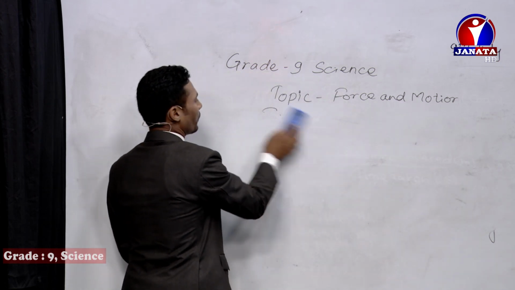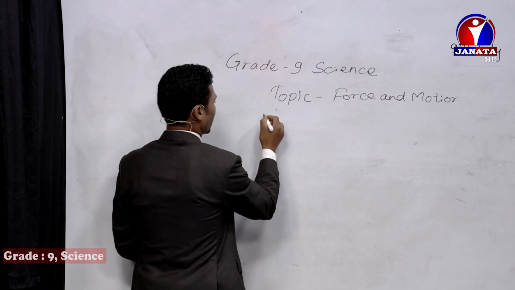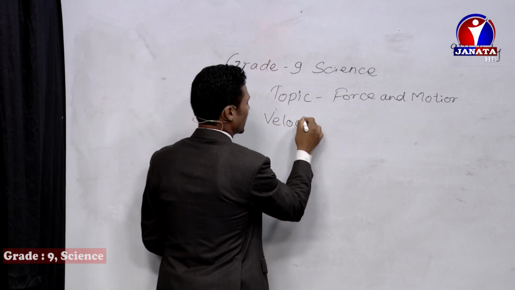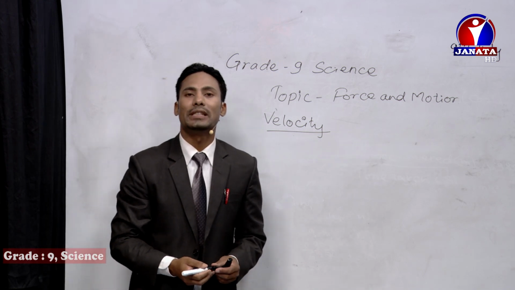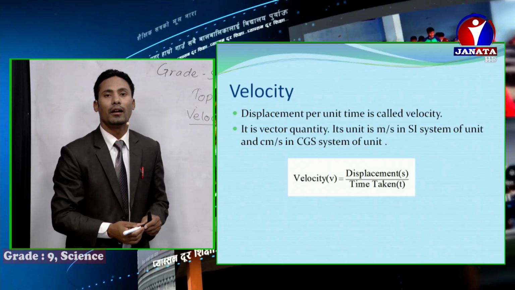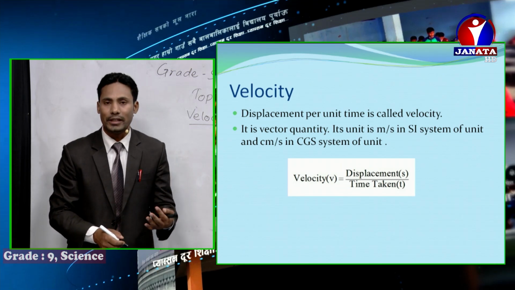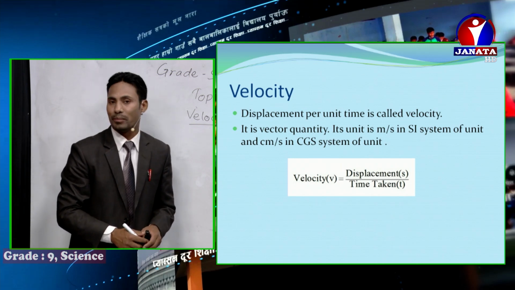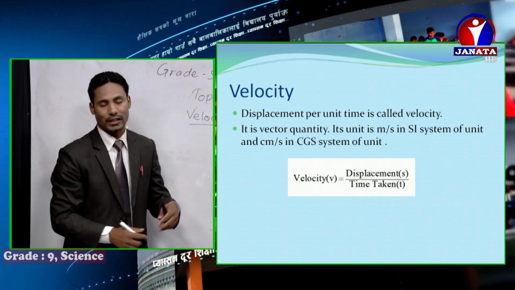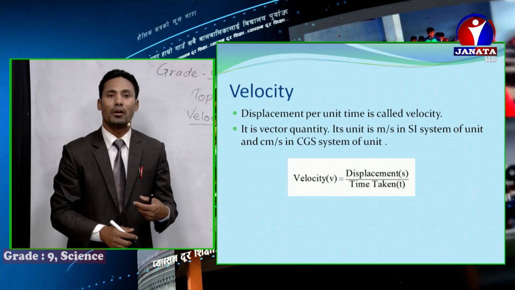Next, we have velocity. The displacement per unit time is called velocity. That means displacement covered in a certain duration of time. The SI unit of velocity is meter per second.